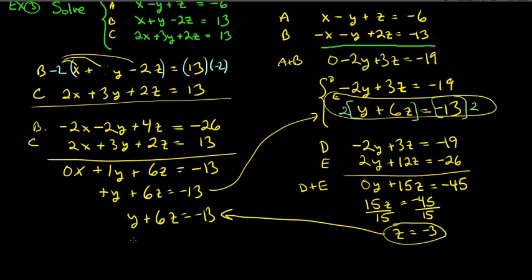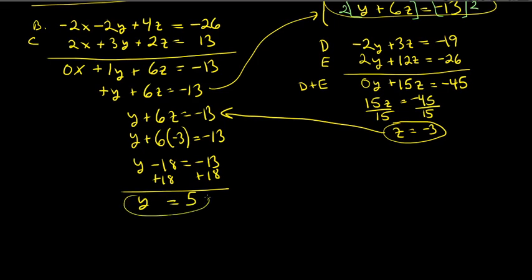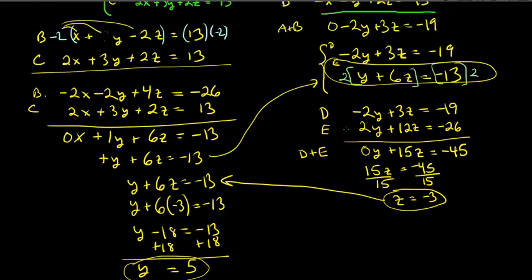We don't know what y is yet, but now we know that z is negative 3. I'm running out of space, so let's scroll down a bit here. Yep, so y minus 18 equals negative 13. To solve for y, just add the 18 to both sides. So y plus 0 equals 5. And now we know y is 5.